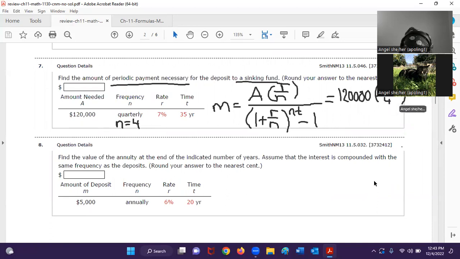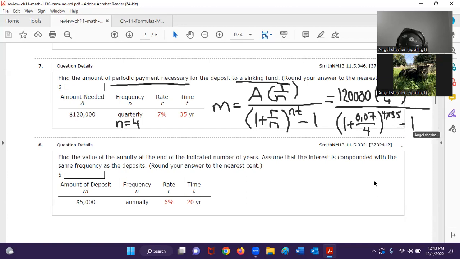So divide by 4. And then the denominator is quantity 1 plus 0.07 divided by 4 raised to the 4 times 35, take away 1.